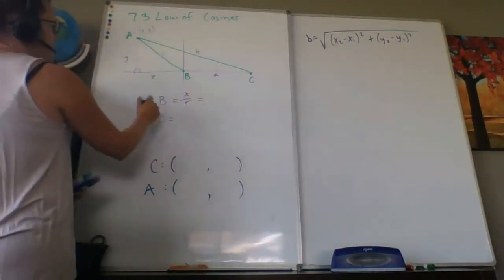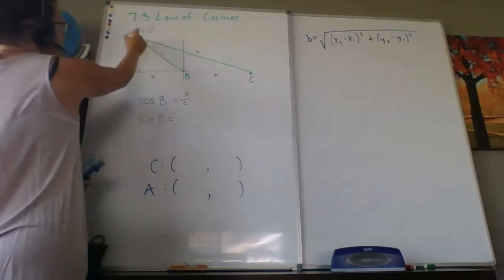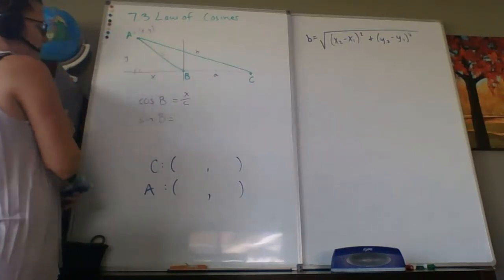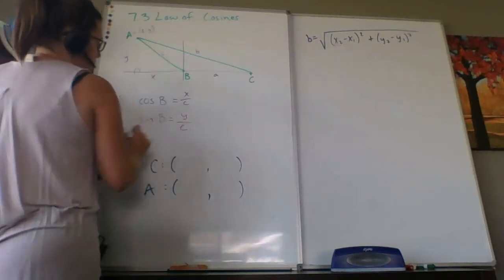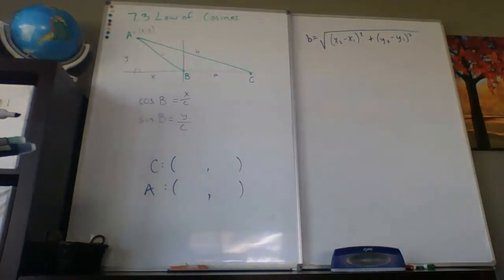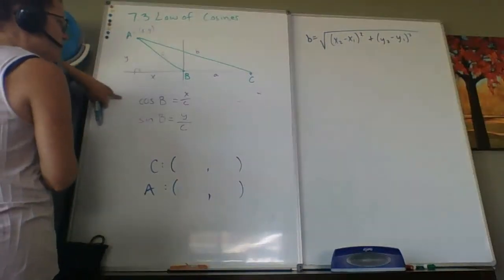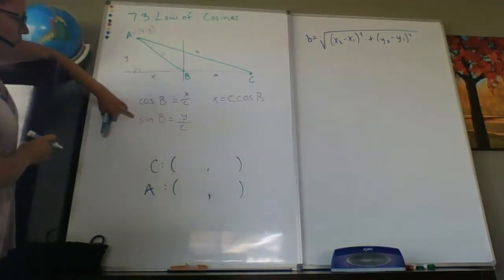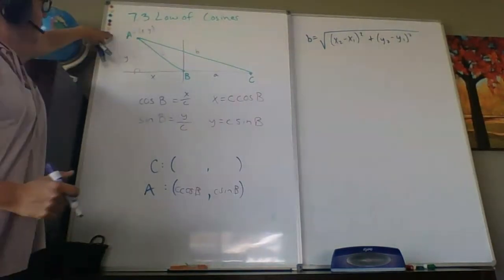But in this situation, r is actually C. So looking at this triangle right here, we can see x over r, but our r value is C. Sine is y over r, but r is C. So sine of B equals y over C. If we wanted to solve for x and y, for the top, we multiply both sides by C to get x equals C cosine of B. And in the bottom equation, we get y equals C sine of B.